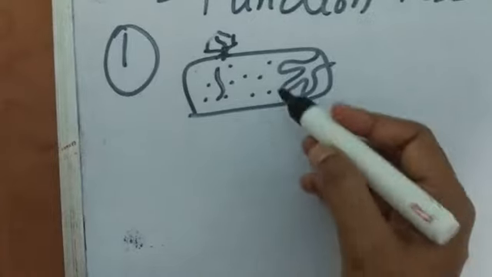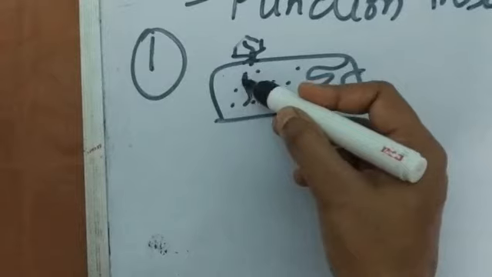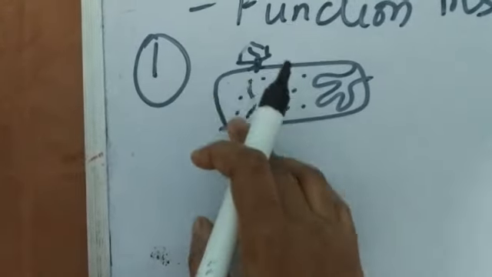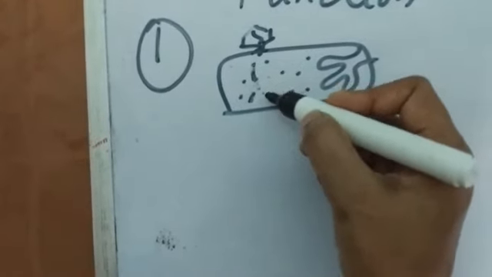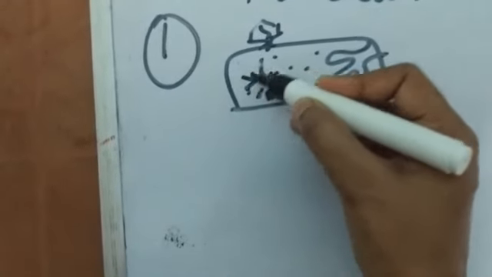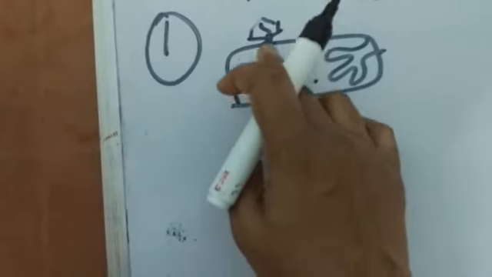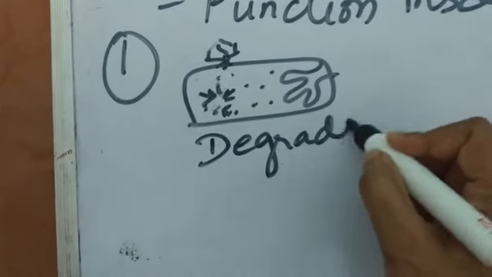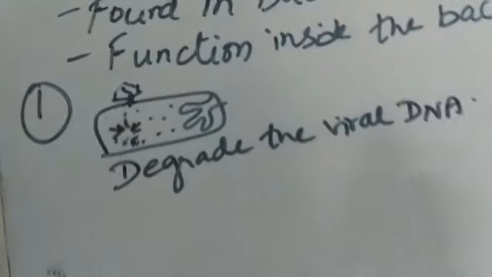Now these restriction endonucleases have the ability to go and degrade this viral DNA. Why? Because they can recognize specific sequences on the virus. So as soon as the viral DNA has entered, they go and degrade the viral DNA when it enters the bacterial cell.